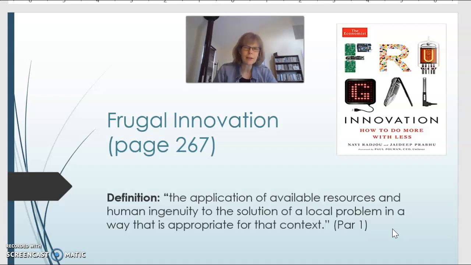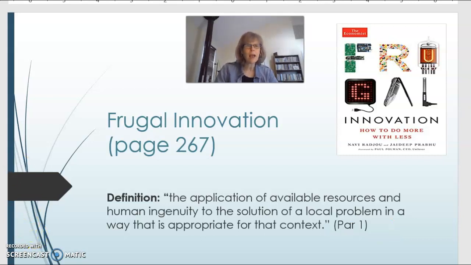And it's really giving us a lot of ideas about a new way to approach problems, to approach local solutions using frugal innovation, just the available resources and human ingenuity or innovation. So I thought you would find this interesting, just showing the different solutions and resources that have come from all over the world in order to address different problems.